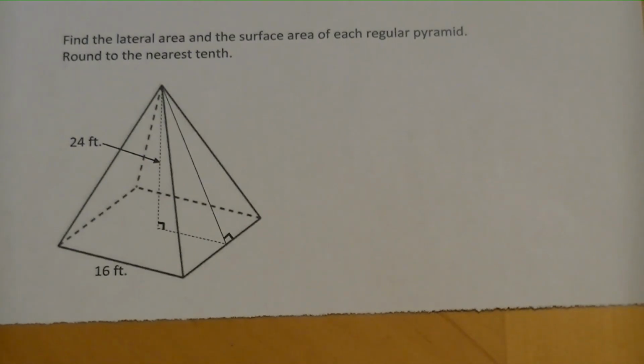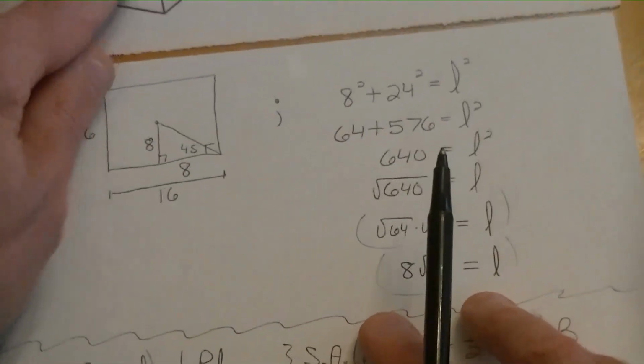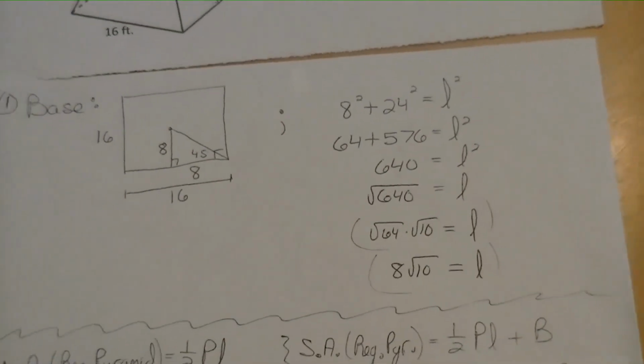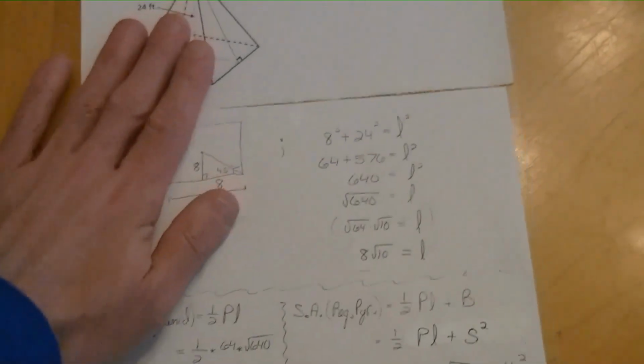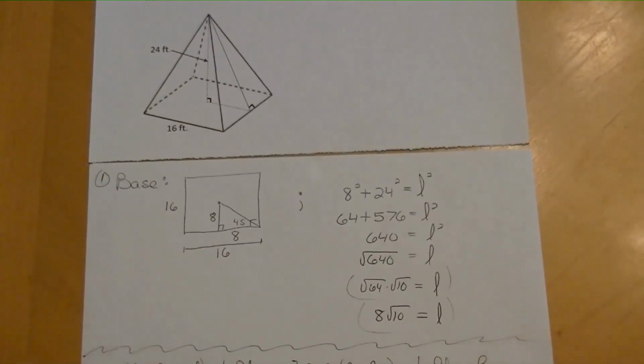All right. So just like on the prism videos, I find it really helpful to start by drawing the base by itself. So in this case, and maybe you didn't need to where it was a square, but just to be extra clear, I did draw it out for you like this. So let me zoom back a bit. All right, so the base was a square.